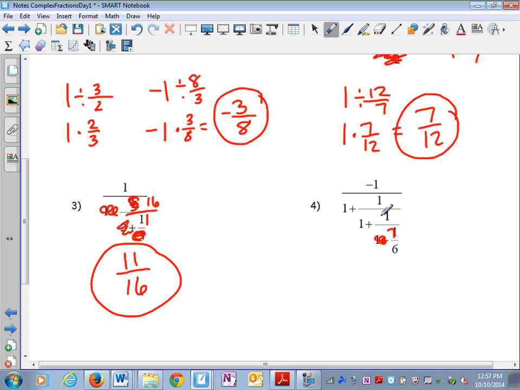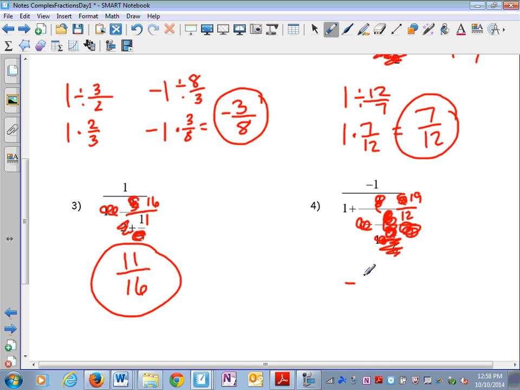Over for number 4, 1 plus 1/6 is 1 and 1/6, or 7/6. Go up, 1 divided by 7/6 is 6/7. Oh, my pen. 6/7. 1 plus 6/7 is 1 and 6/7, or 13/7. Actually, 1 divided by 12/7 is 7/12. 1 plus 7/12 is 1 and 7/12, or 19/12.